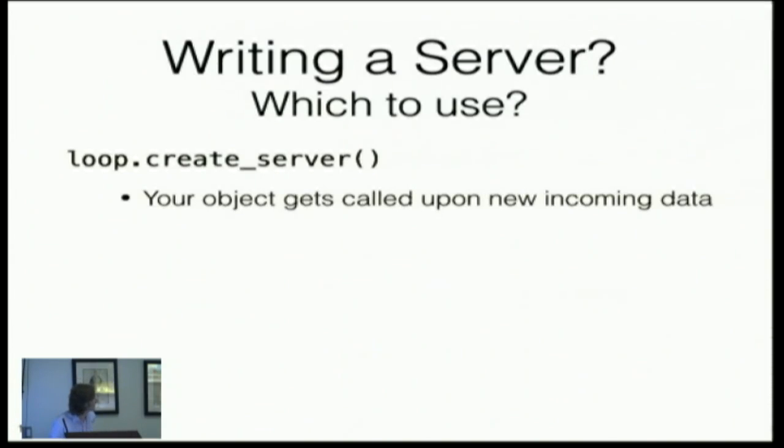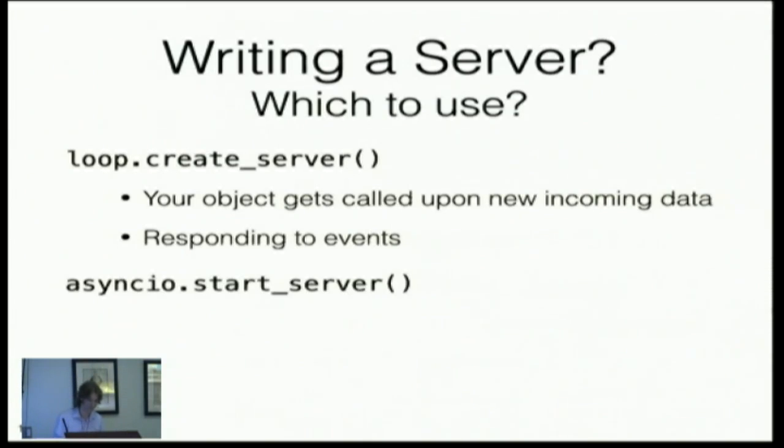So if you run create server, remember your object is getting called whenever incoming data is available. So this is more of an event responder. If you have a lot of things going on and you're not sure what you're going to be receiving next, you'd want to use create server.